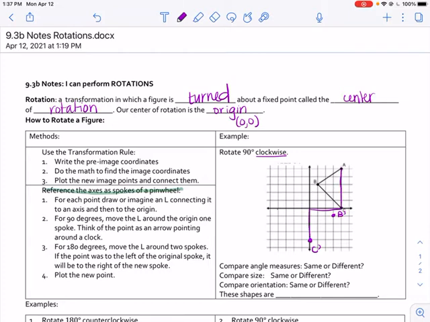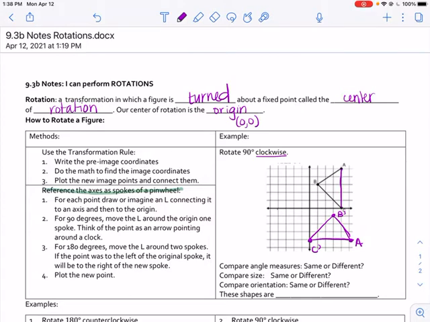So it's going to go to C, and instead of going up, it's going to go 1, 2, 3, 4, 5 to the right. So everything kind of gets reversed, but when you finish your shape, it should look kind of like it's arrows going around in a circle. Hopefully that makes some sense.